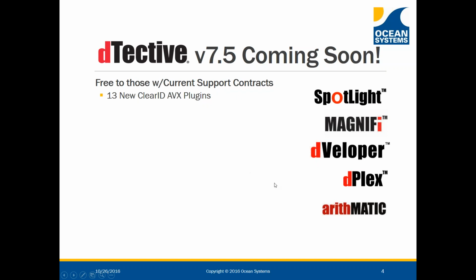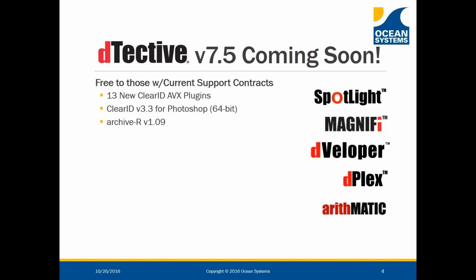So 13 new ClearID AVX plugins will be available to you in Media Composer, basically making all of ClearID available both within Media Composer as well as Photoshop. So ClearID 3.3 will be bundled in. Previously, we had the latest 32-bit version of ClearID bundled with Detective. We're going to be bundling the latest build of ClearID and the 64-bit versions, as 32-bit has become, of course, antiquated.